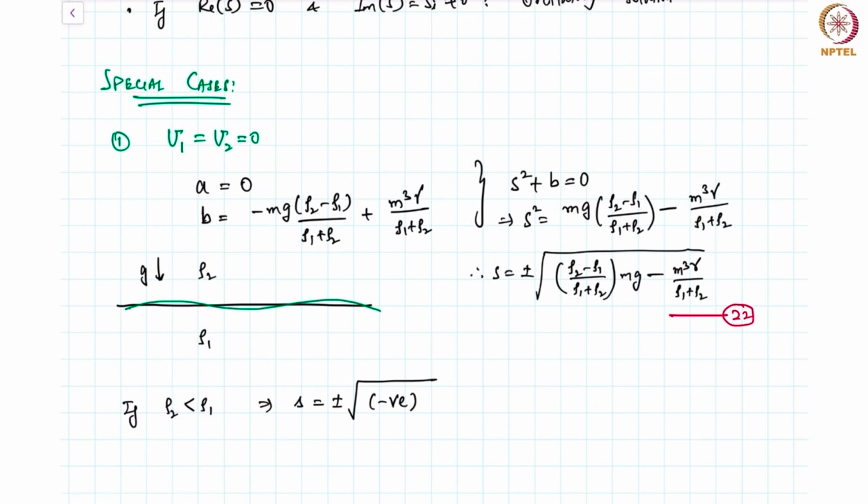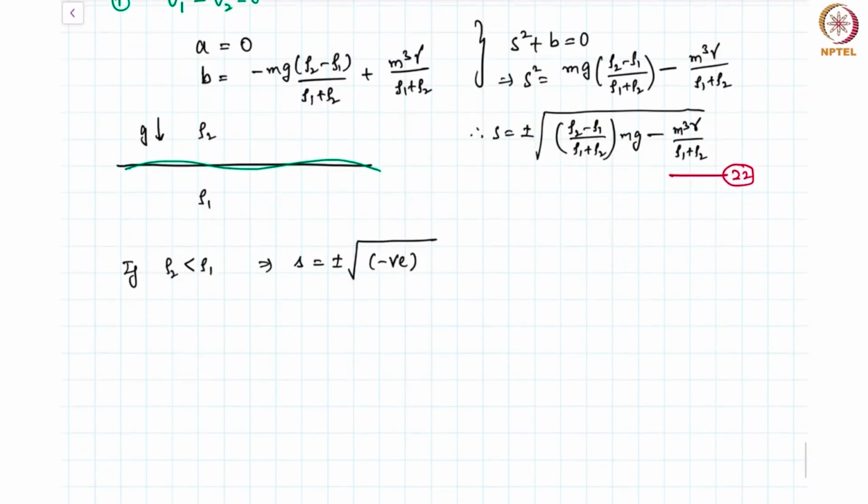The second quantity is anyway negative, which means S is plus or minus I times Si, where Si is nothing but purely the imaginary part of this quantity, which is magnitude of rho 2 minus rho 1 by rho 1 plus rho 2 mg minus m cube gamma by rho 1 plus rho 2.